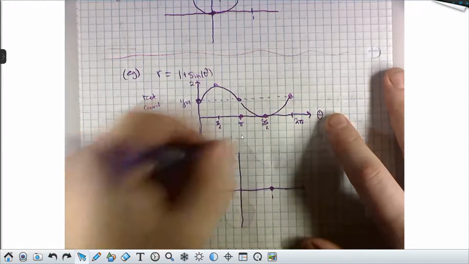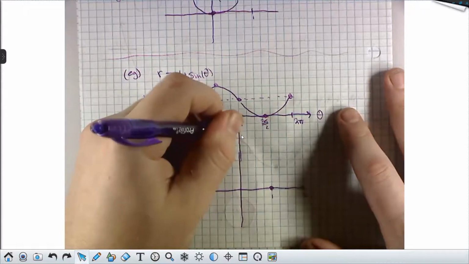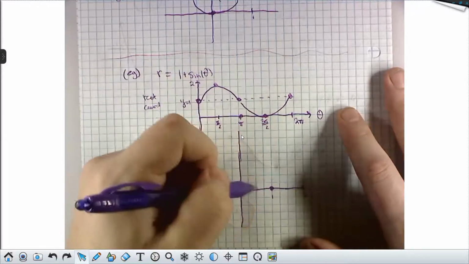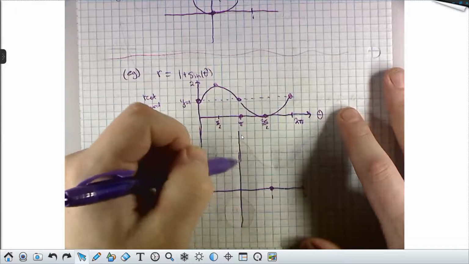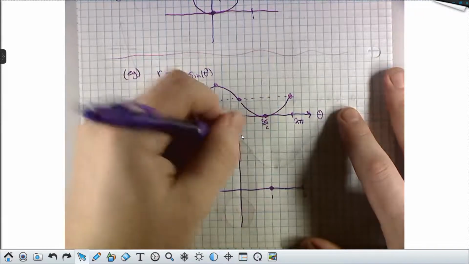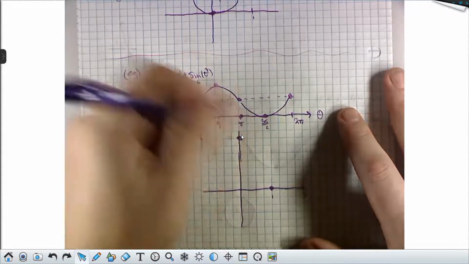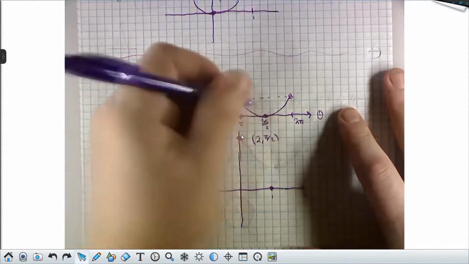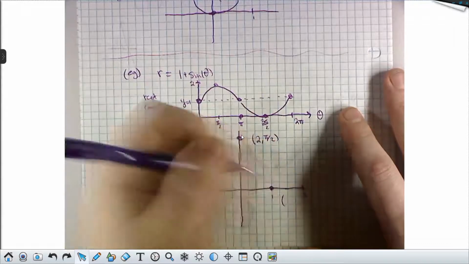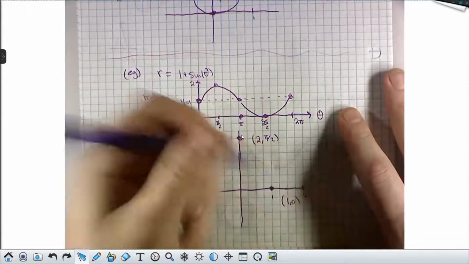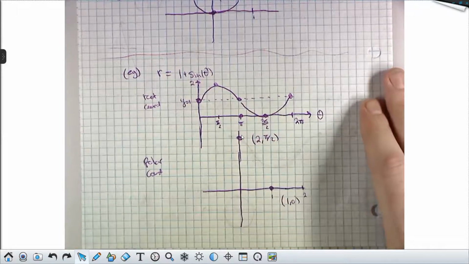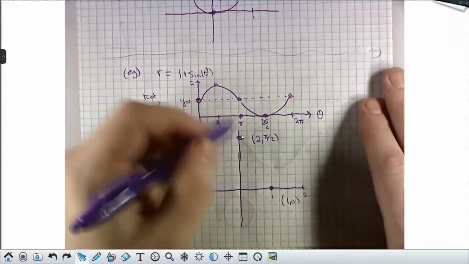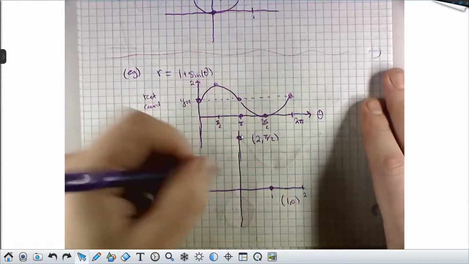So the polar point here, which is 2, comma, remember these are always r, comma, theta. By the time we rotate around to pi, we're back to 1.